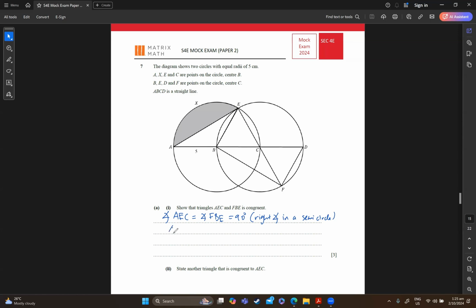Next one, you can write down that AC equals to FE in terms of length because diameter of a circle, since these two circles are identical to each other. And lastly, you can write EC equals to BE, the radius of circles.